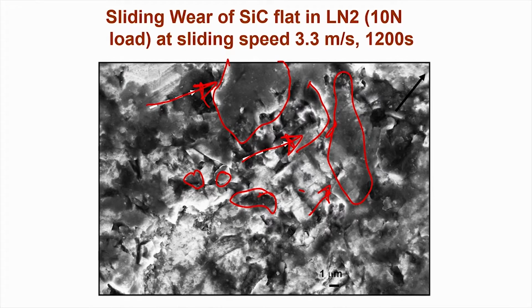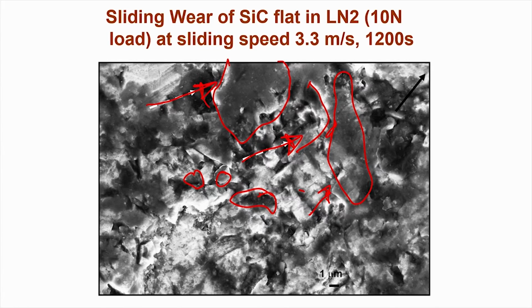So, what you have seen earlier in case of alumina and zirconia, and what you see now in case of silicon carbide, I am sure you would agree with me that sliding wear of silicon carbide is governed by more tribomechanical wear and partial tribochemical wear. If the tribochemical wear had played a major role, then the entire tribolayer would be covered with the tribochemical layer, and that is certainly not the case.